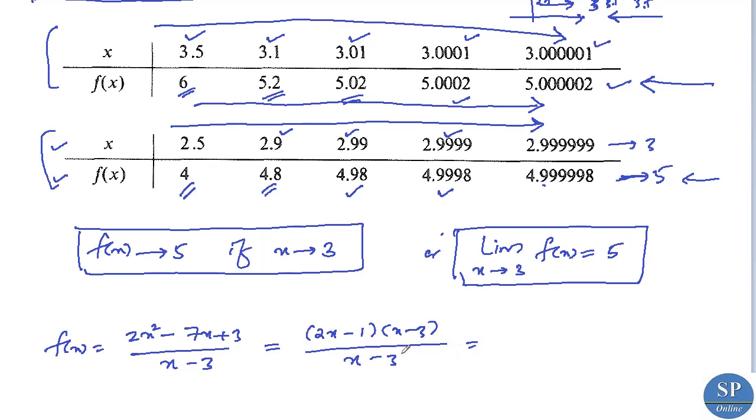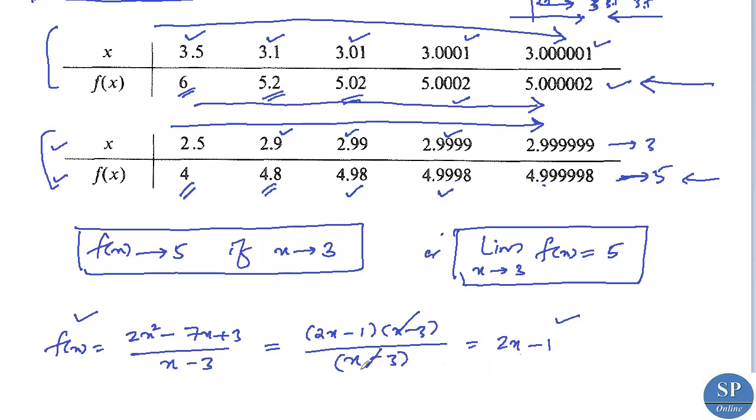So if x is not equal to 3, that is, if x is not the point 3, then the denominator will not be 0, so we can divide this and we'll get 2x minus 1. That is, this function f of x is equal to 2x minus 1 if x is not equal to 3.